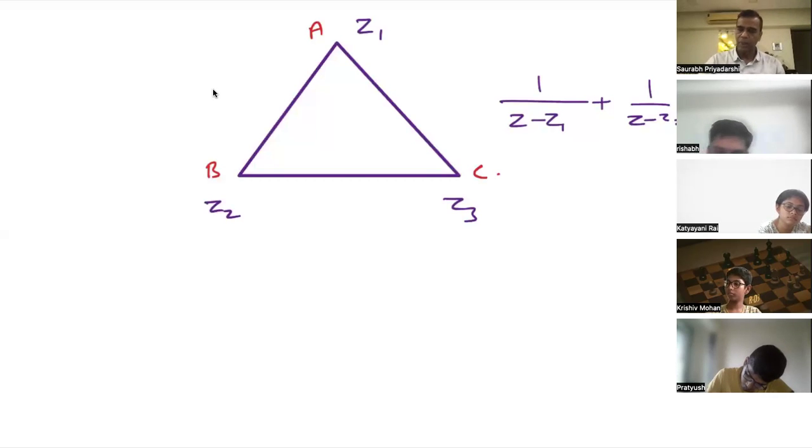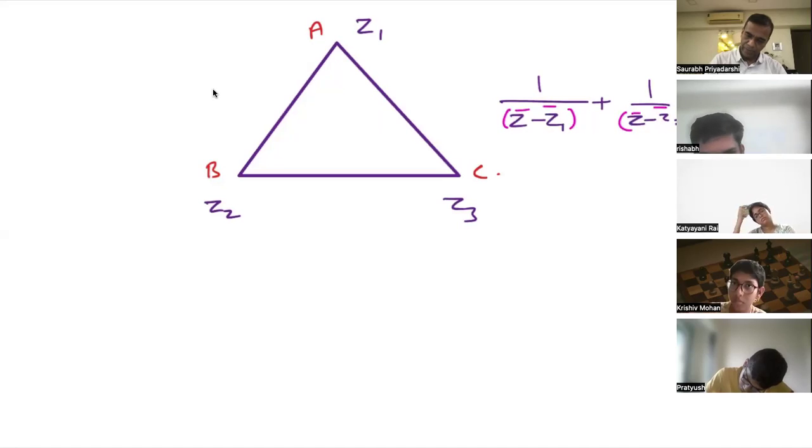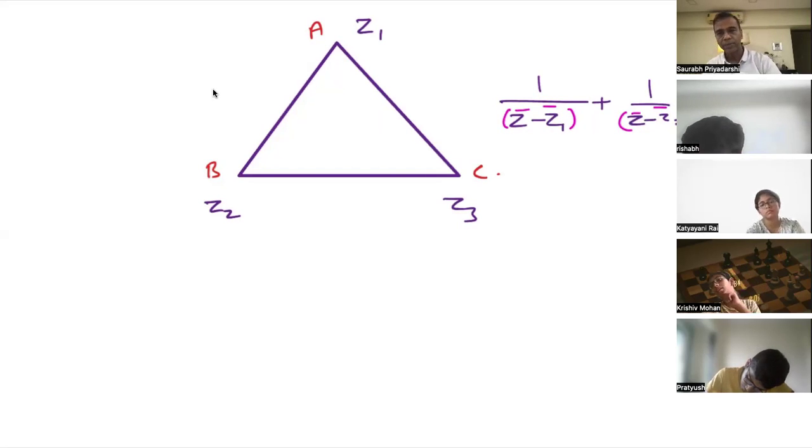See, it's a beautiful arrangement of numbers, but in this question only you can understand the use of complex numbers, right? How you can use this. I can just take the conjugate of this. Is this okay, everyone?